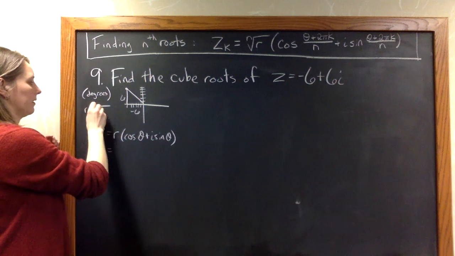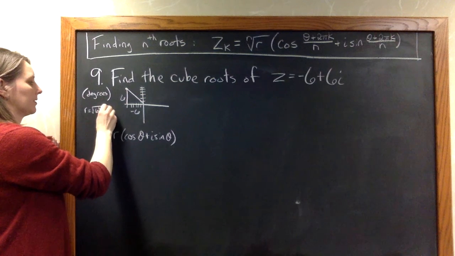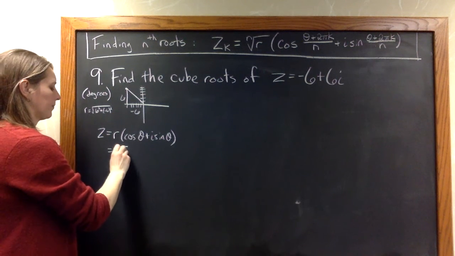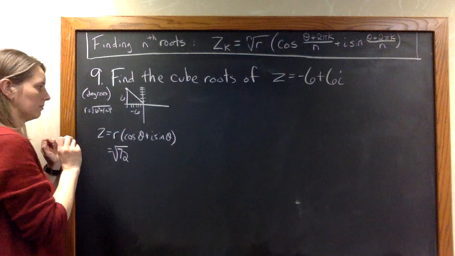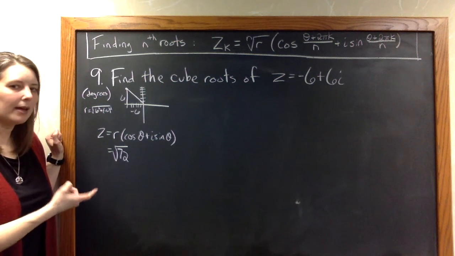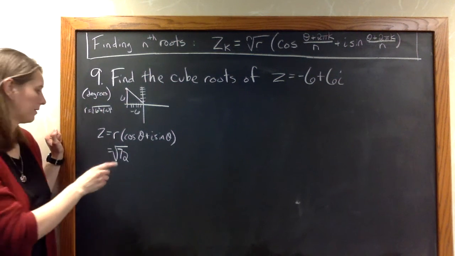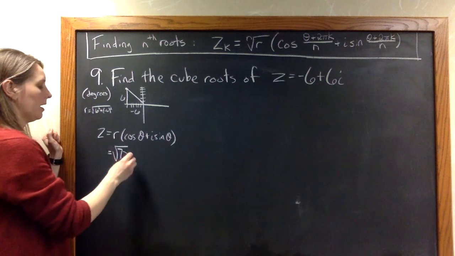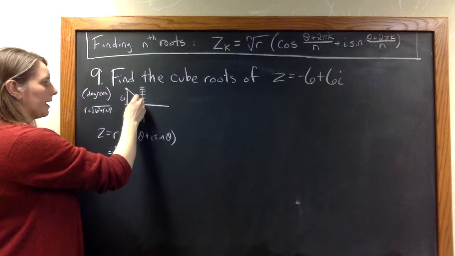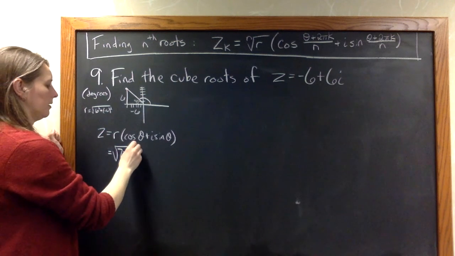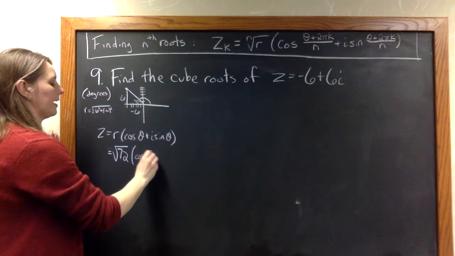So it's going to be the square root of 6 squared plus -6 squared. So I think it turns out to be the square root of 72. Okay, now, we're going to leave it that way. It's better for later in the problem if we leave it in this and don't try and simplify it. And then for our angle, you can see that that's a 45-degree angle, so theta is going to be 135.